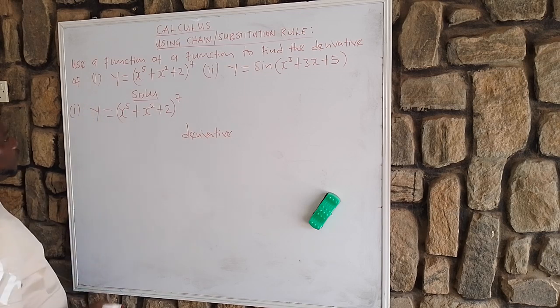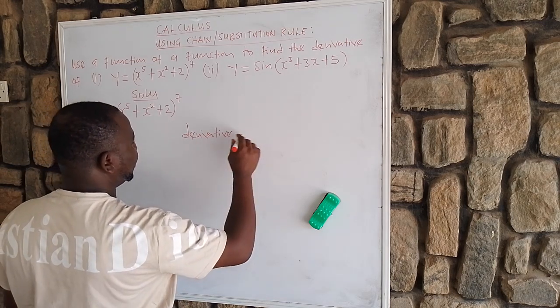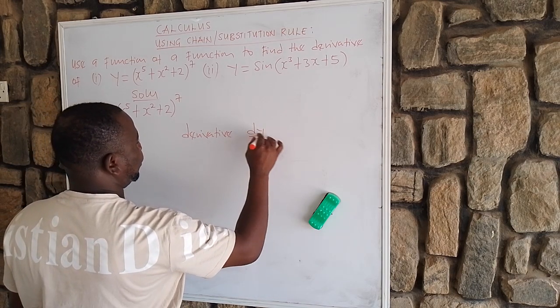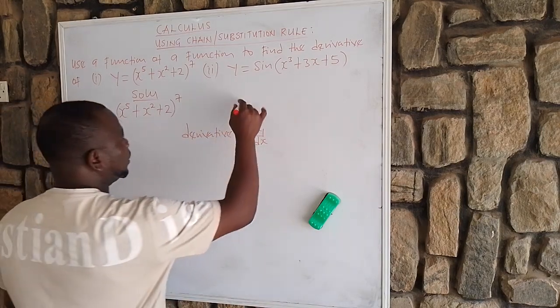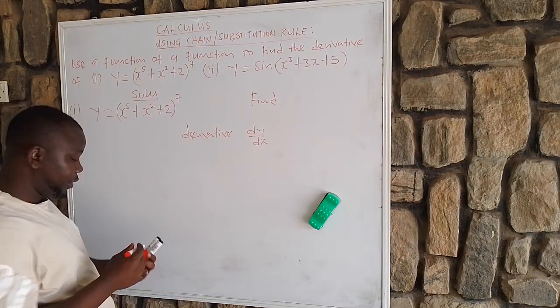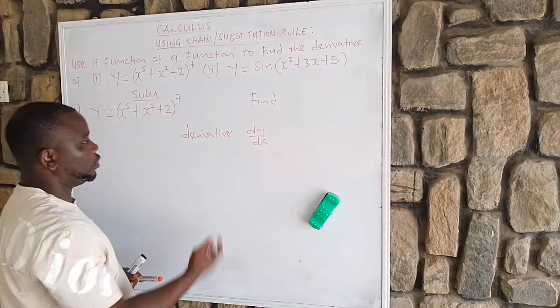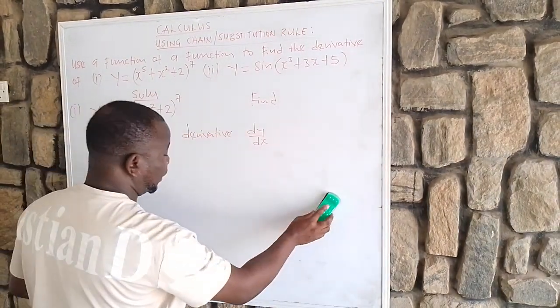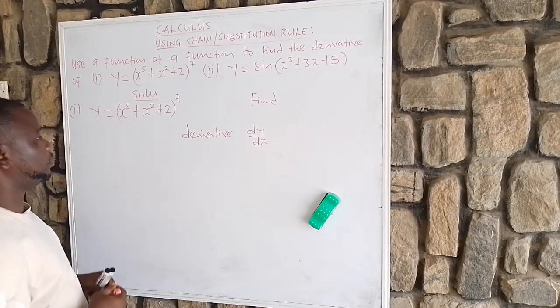The dependent variable is y, the independent variable here is x. They are telling you to find the derivative, which means dy over dx. Not necessarily will they say find dy over dx. Sometimes they will say just, given a function, find the derivative. So that is what they are telling you, although it depends on the dependent and independent variables.